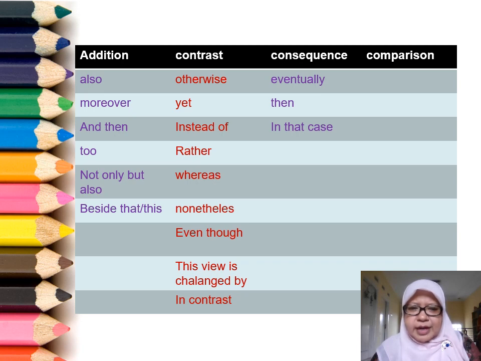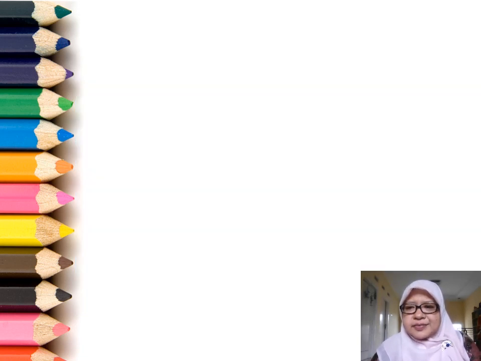There is in addition, moreover, not only but also, besides it, and contrast: otherwise, yet, instead of, rather, whereas, nonetheless, even though, in contrast. In the consequence connectives, there is eventually, then, and in that case.